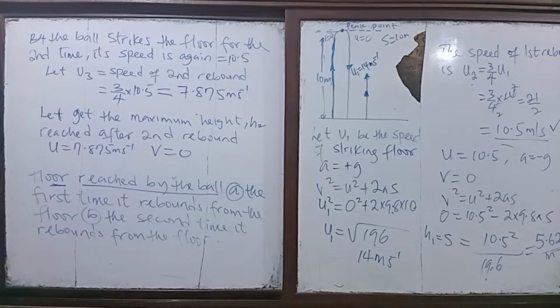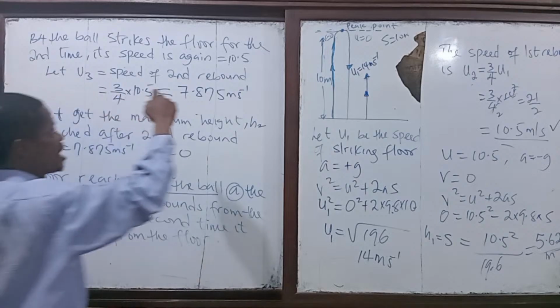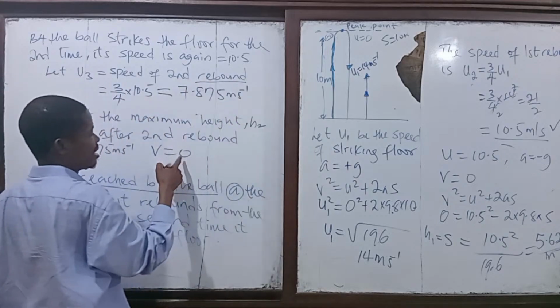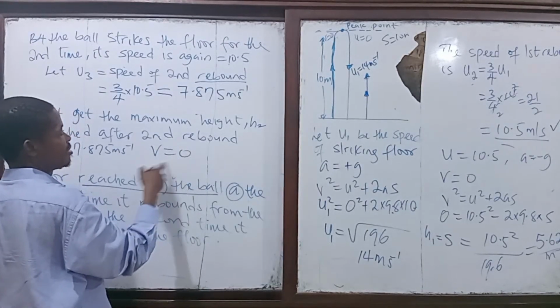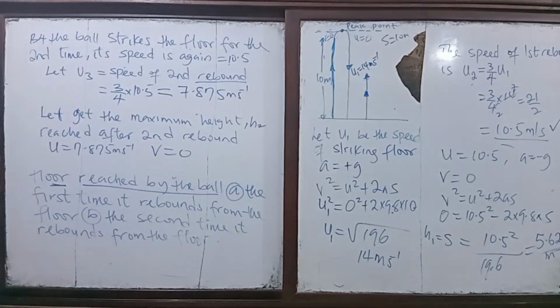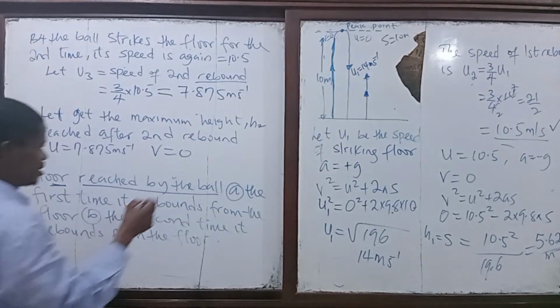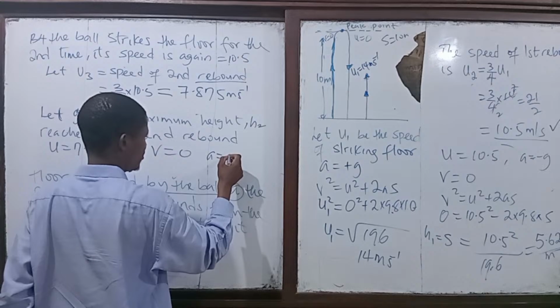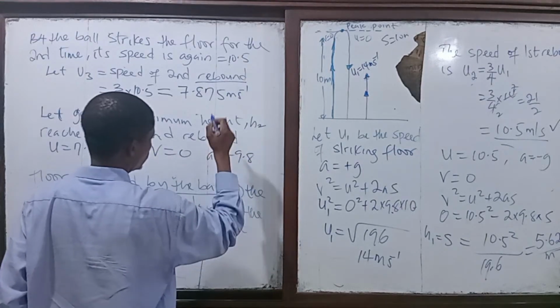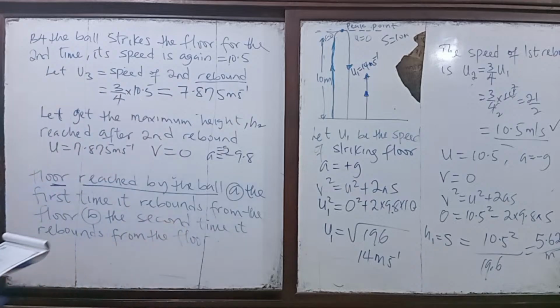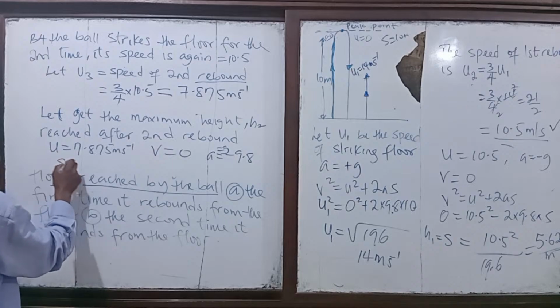Once it rebounds to the maximum height, the final velocity is 0. Acceleration is negative, against gravity, minus 9.8, that is a equals minus g. Then our x is h2.